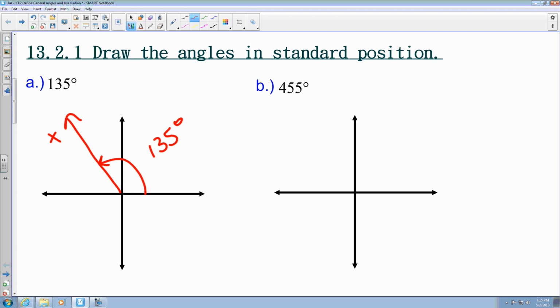Since we know that it's in the realm of 95, I know for a fact that it's going to go around this one time. So that's 360, and then they want us to go another 95 degrees, which would be something right around here, and then I would finish it off looking like this, and put it as 455 degrees.